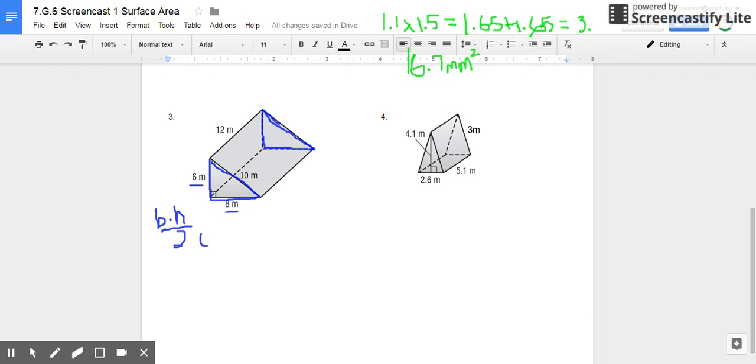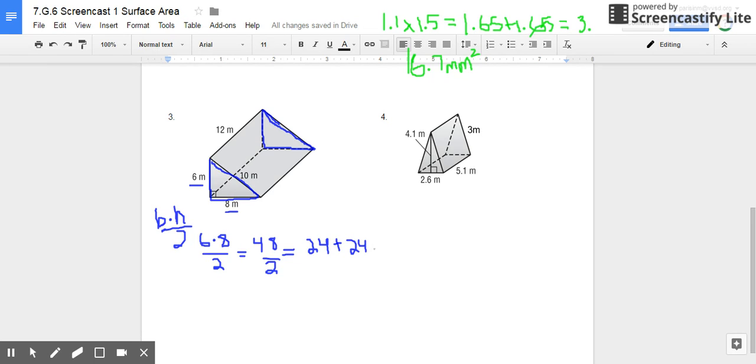So looking at this triangle, we have 6 times 8, base times height, and we are going to divide it by 2. So then we get 6 times 8 equals 48. So then we have to take our 48 and divide that by 2, which gives us our 24. So now, since we have 2 triangles, that's only the area of 1. So we're going to add another 24.